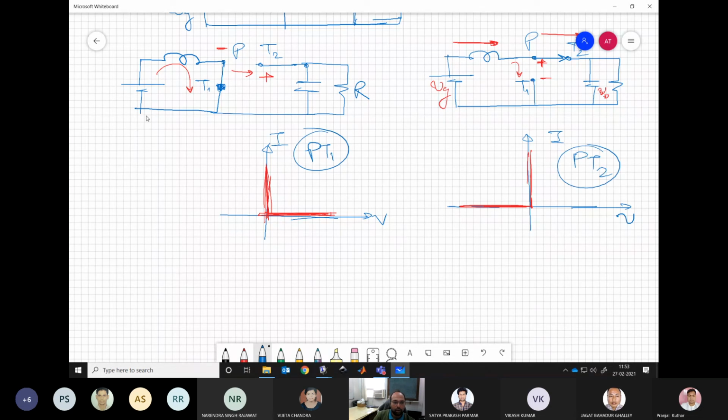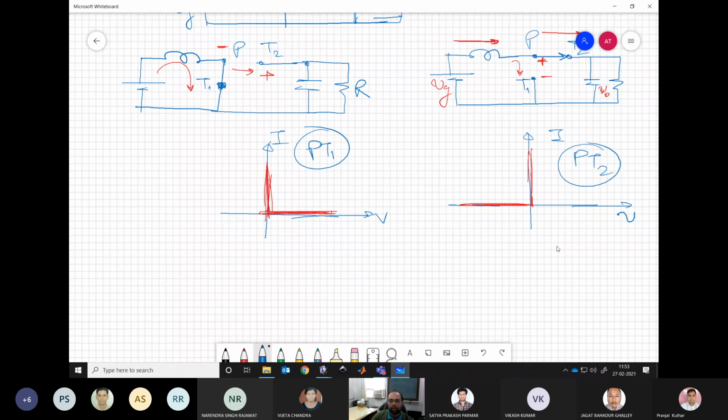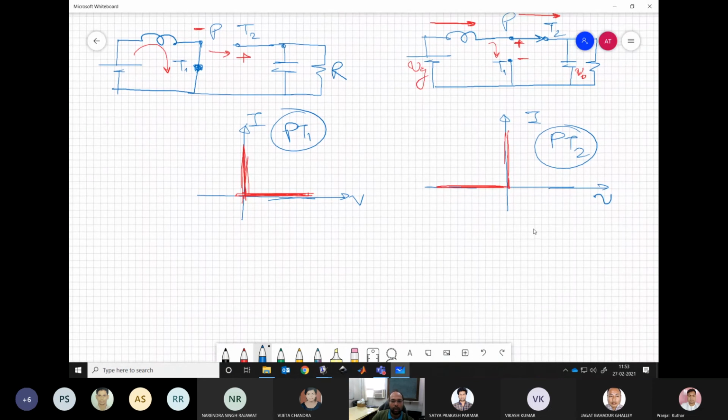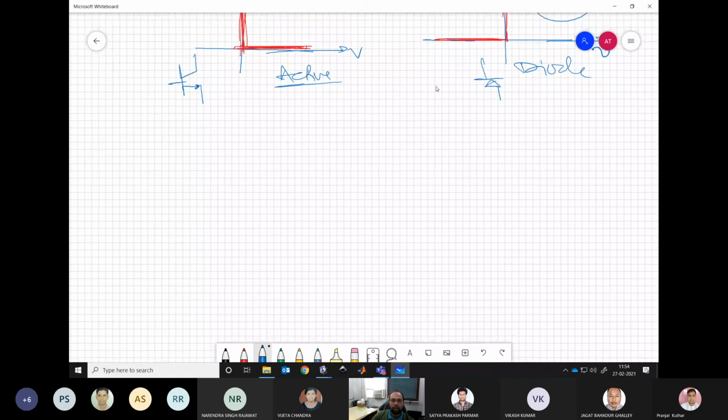And of course, we know through our experience also, and can clearly see, what devices fit over here. So let's say I take a BJT, or any active device, for PT1, and a diode for PT2. So we are able to realize this boost converter in this manner.